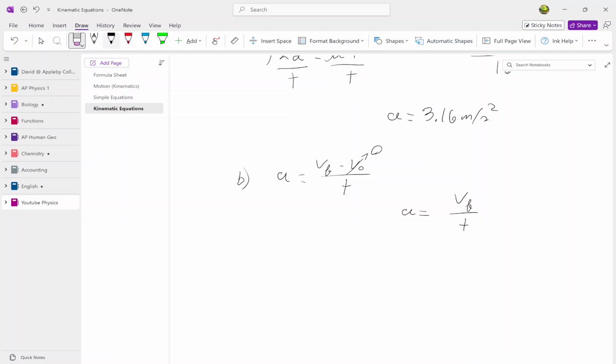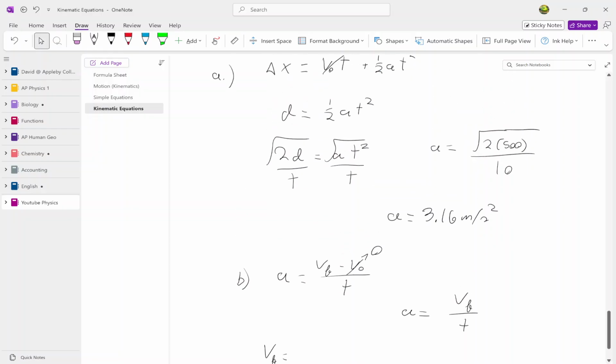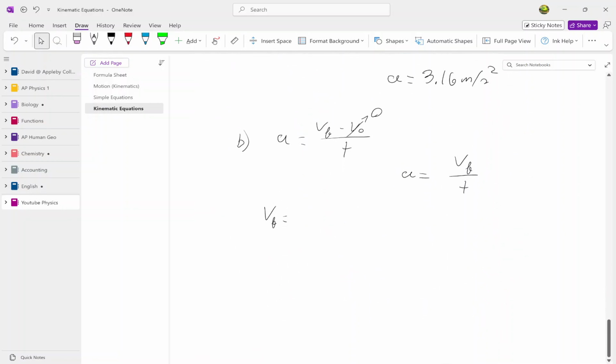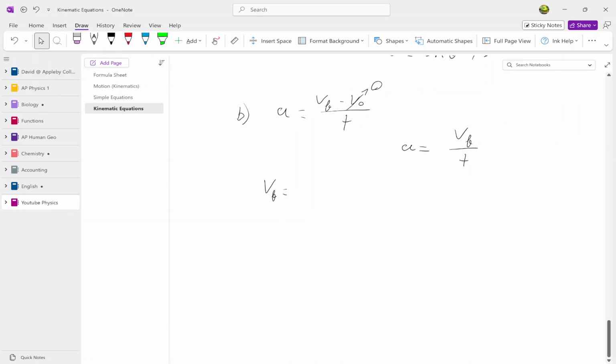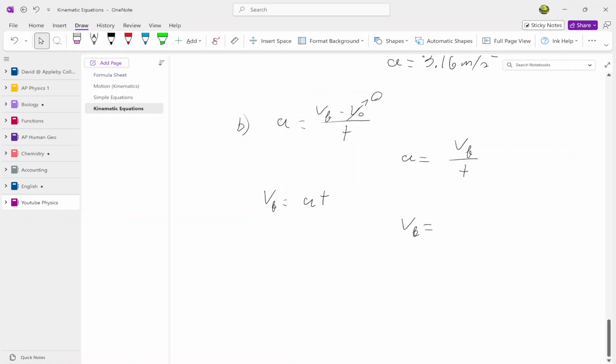So VF, because we're trying to isolate for VF, final velocity equals acceleration times time, which makes sense because you're canceling out the times, since it's meters per second squared. So we have 3.16 times 10. The final speed equals 31.6 meters per second. Got it. There we go.